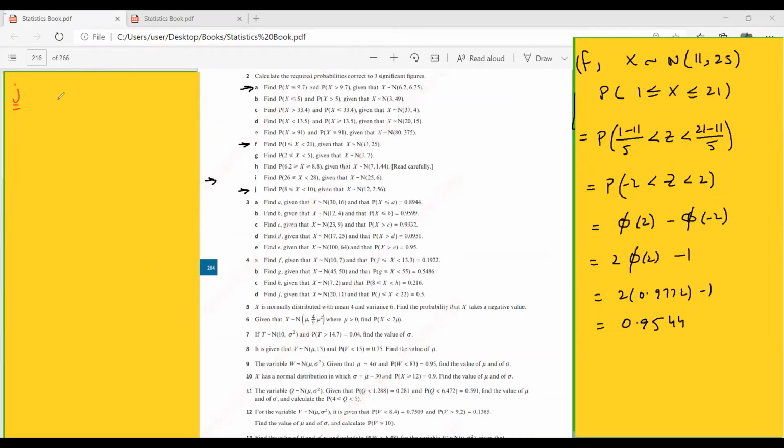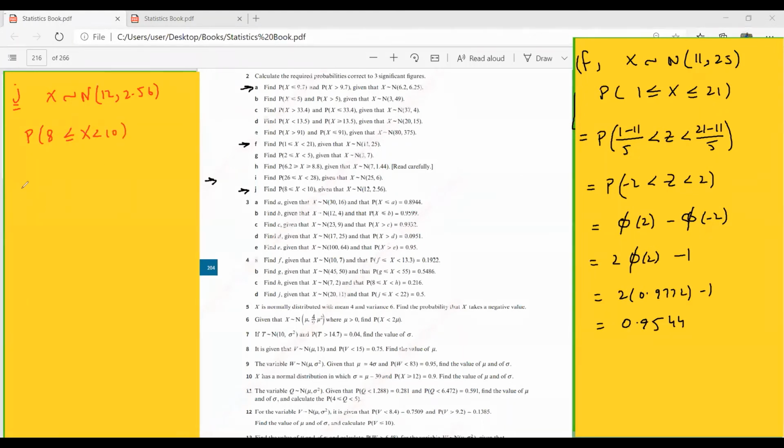It says your X is normally distributed with mean 12 and variance 2.56, and you have to find the probability that X is between 8 and 10.